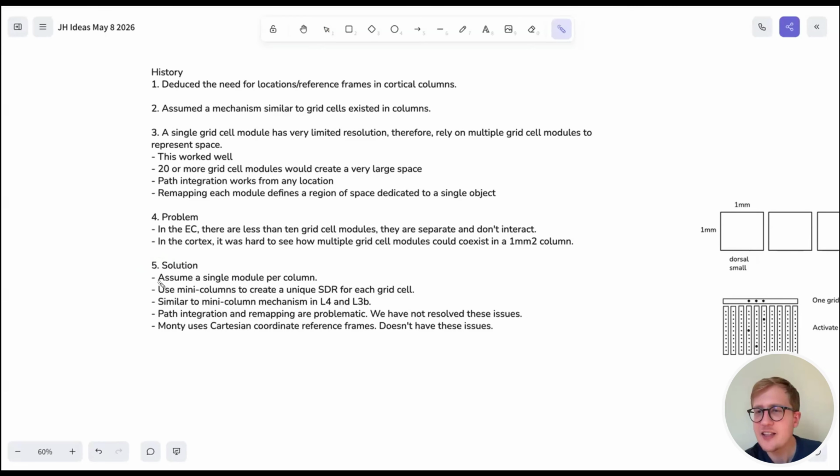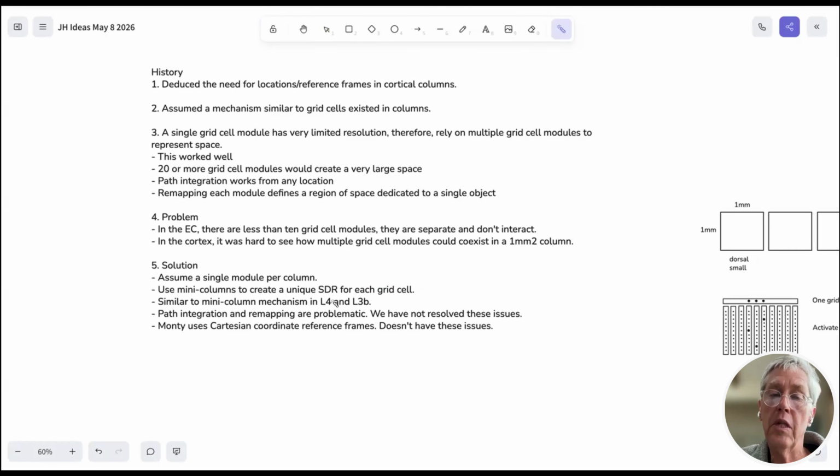I think it's consistent with what you've written here. I had a temporary assumption, the solution: I assumed there was a single grid cell module per column. That's what it looked like in the entorhinal cortex. And that we were going to use mini columns to create the unique SDR for each grid cell.